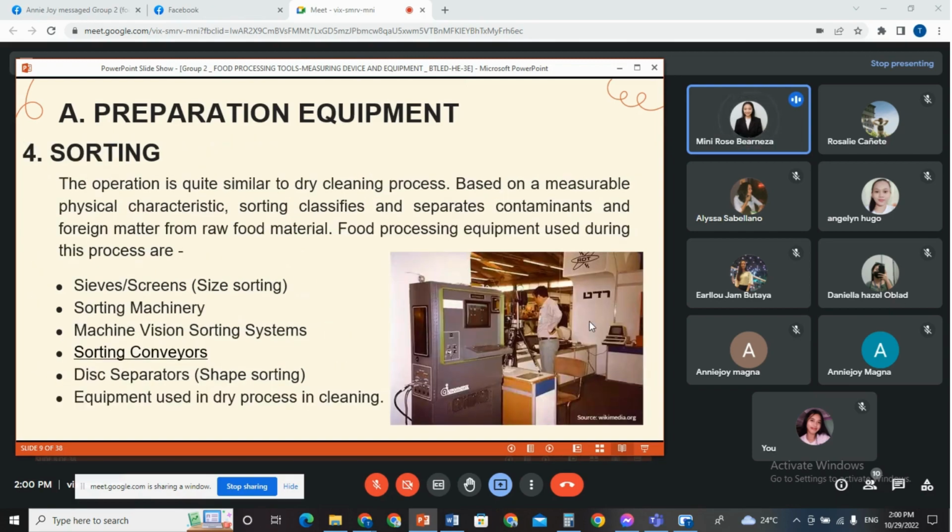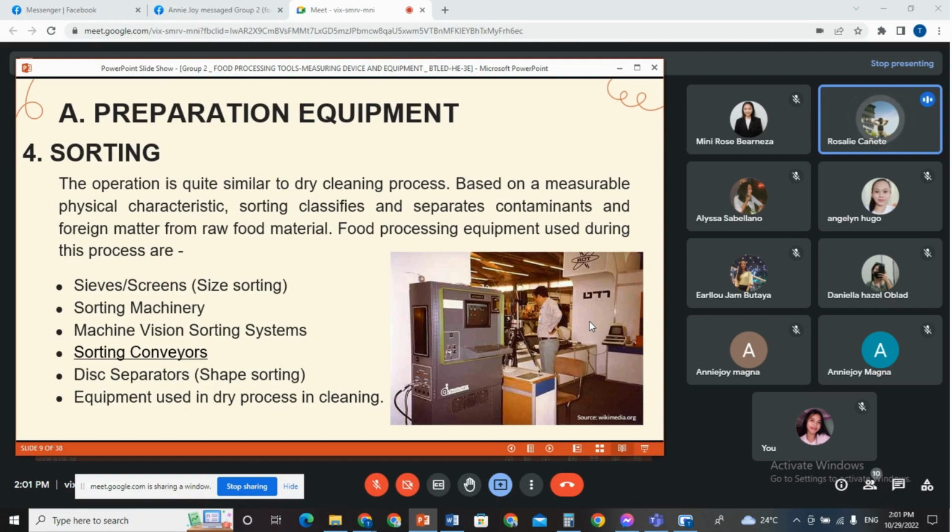Next, this is also preparation equipment. Number 4 is sorting. The operation is quite similar to the dry cleaning process. Based on measurable physical characteristics, sorting classifies and separates contaminants and foreign matter from raw food materials.